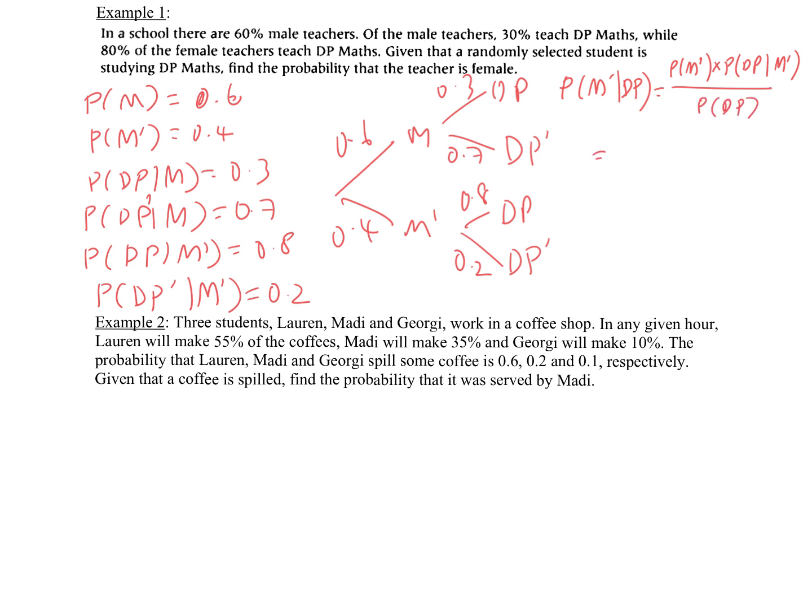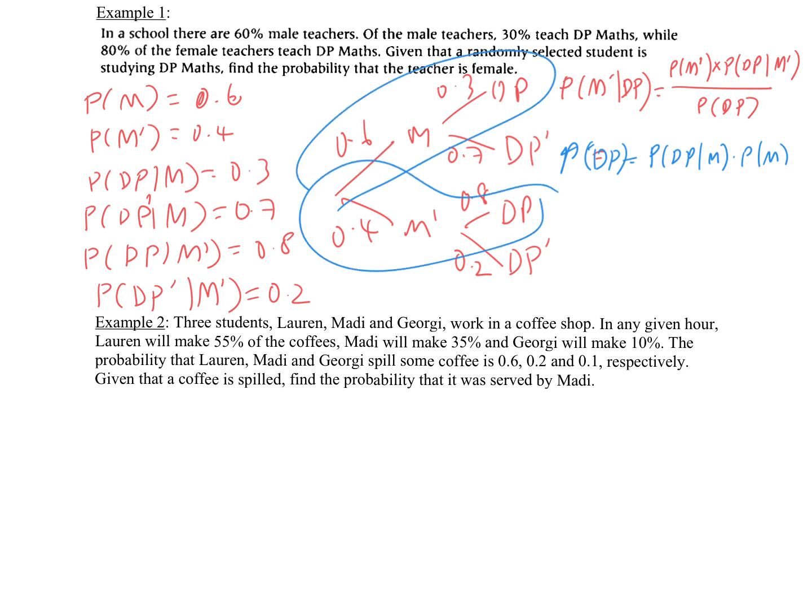And we know that the probability of DP is equal to probability of DP given male times probability of male. We know that is this branch, and the other branch will be here, plus probability of DP given not male times probability of not male.